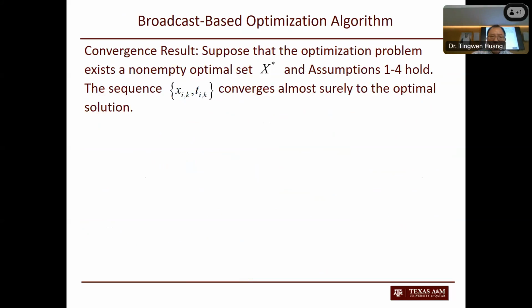With those assumptions, we have the following convergence result. Suppose that the optimization problem has a non-empty optimal set X star, and all of the assumptions we just talked about are satisfied.